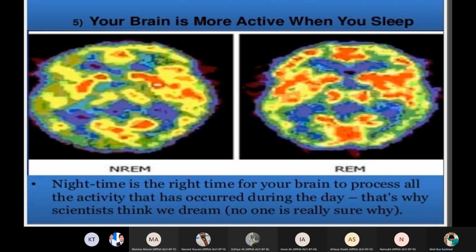So REM and night time is the right time for your brain to process all the activities that occur during the day. That's why scientists think we dream. No one is really sure why. So your brain is always more active at night when you are sleeping.